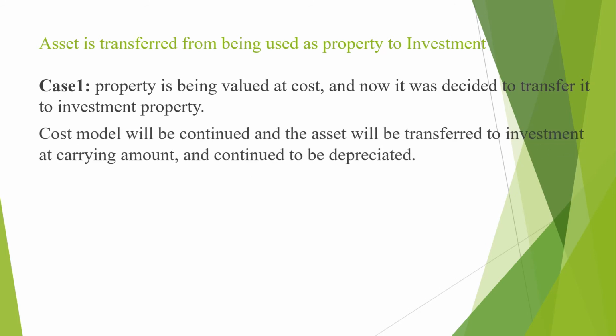So the cost model will be continued and the asset will be transferred or re-recognized as investment at the current carrying amount and continue to be depreciated. Okay, so if the property, plant and equipment is using a cost model and it wants to be transferred to investment, you will continue the cost model. That is, it will be transferred at the carrying amount plus depreciated.